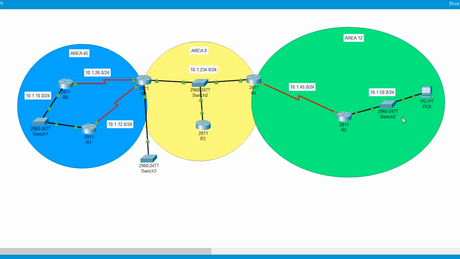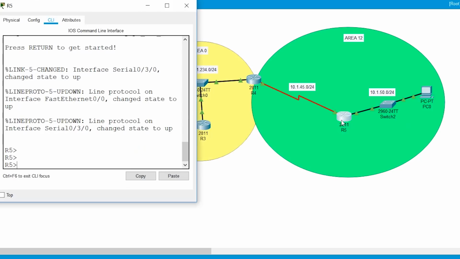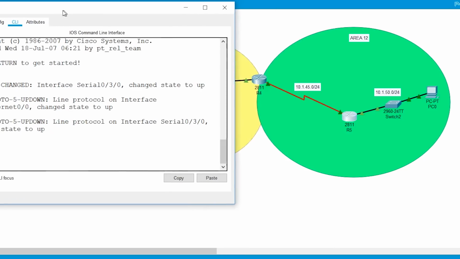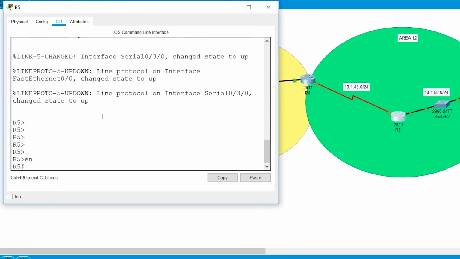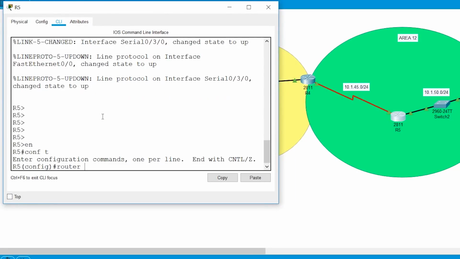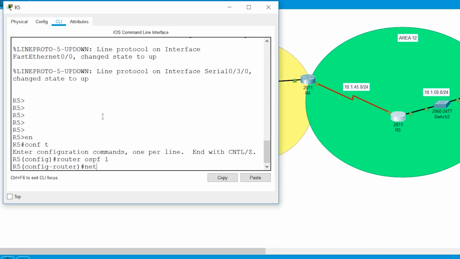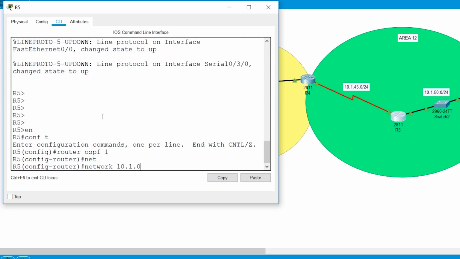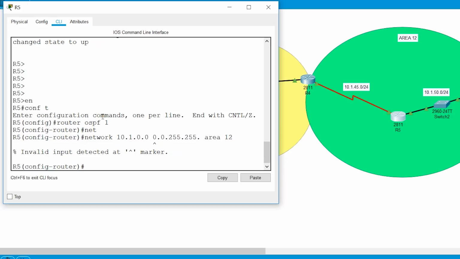But let's say I configure OSPF here. Let's do the same thing. So let's do what we did. Enable, configure terminal, router OSPF 1, network 10.1.0.0 0.0.255.255 area 12, right?